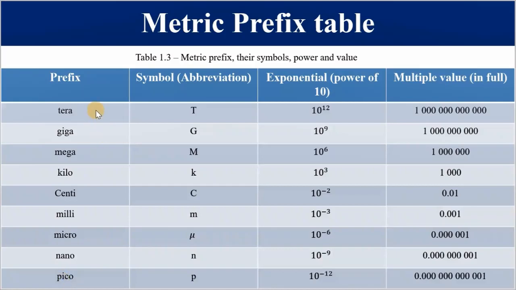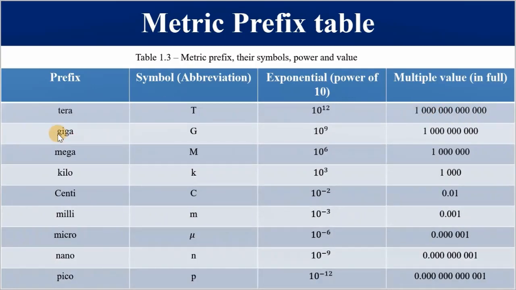Tera, for example, terabytes. The symbol for tera is capital letter T, and its power, or the exponential, is 10 to the power 12, and this is equal to this value.